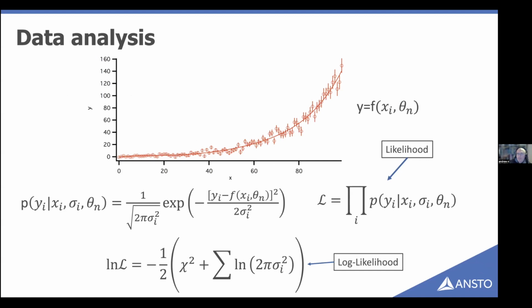If we think about data analysis from first principles, we collect a set of data with uncertainties.